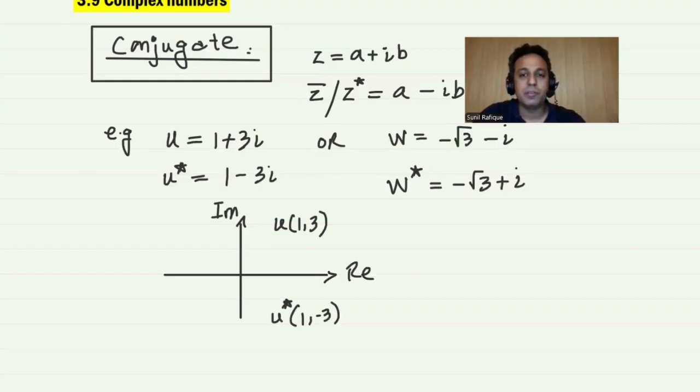What do you observe? Every complex number and its conjugate are reflections of each other in the real axis. I know it's too much to digest, but let's write it. u and u star are reflections in the real axis.